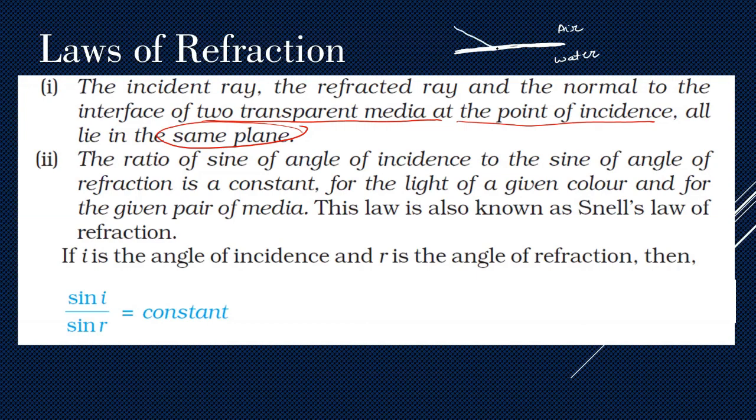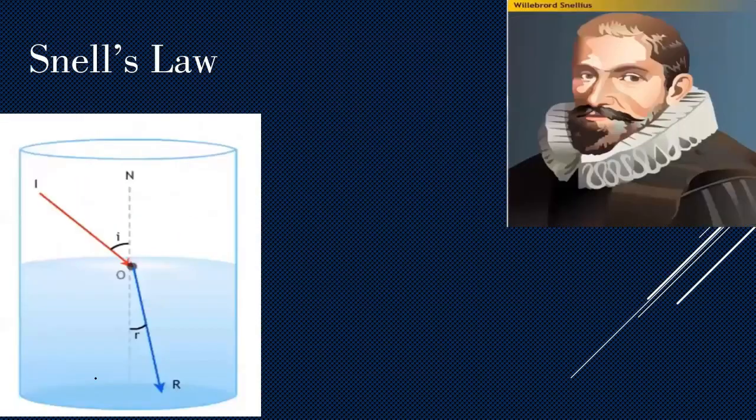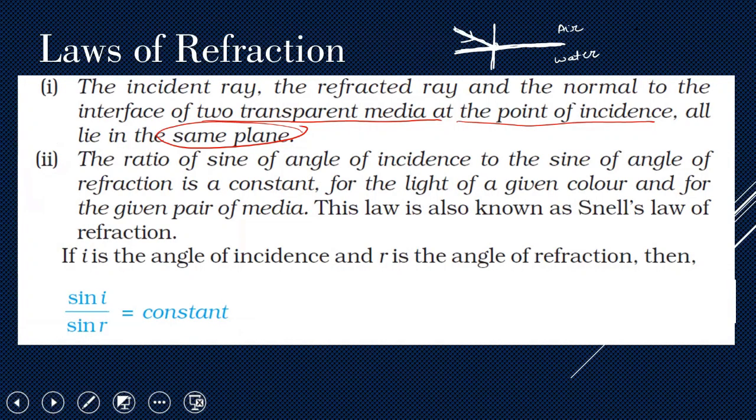Now this is the ray of light which is passing from air, and this is my incident ray. This is the point of incidence. At the point of incidence, we draw a normal, and then this light ray has bent towards the normal. So this is air to water, and it is bent towards the normal.